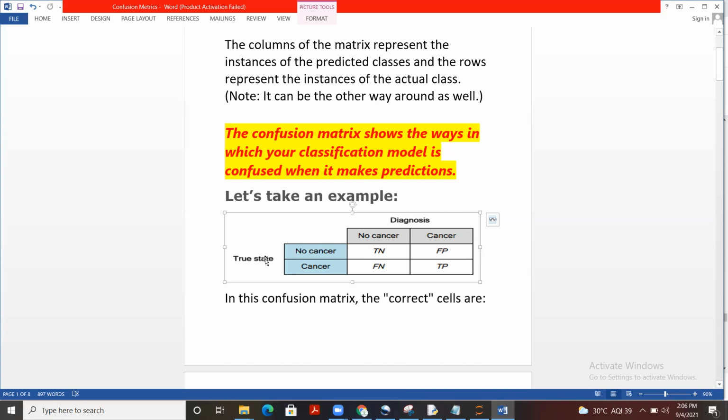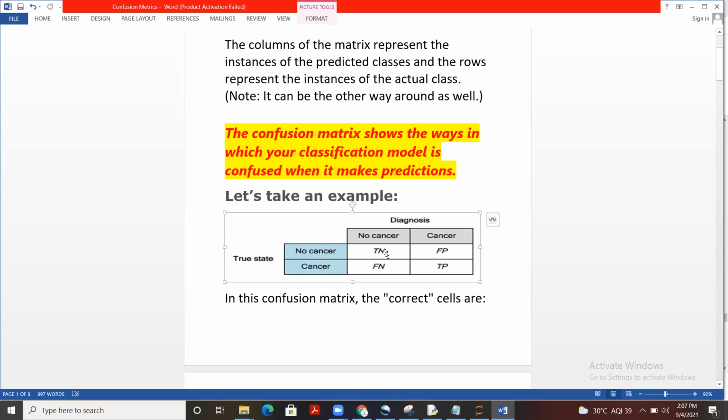It can be vice versa as well. We can take the predicted case as a row and the true cases as a column. Here I have taken true states as a row and the predicted or diagnostic states after applying the model as a column. So the very first case, whatever value we get here, we call a true negative. True negative means, for example, we get 10 here.